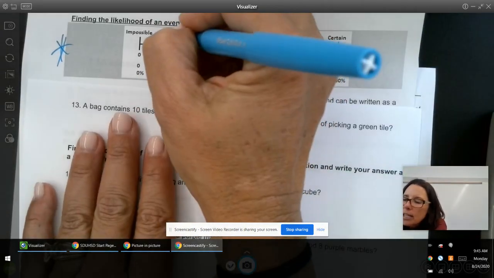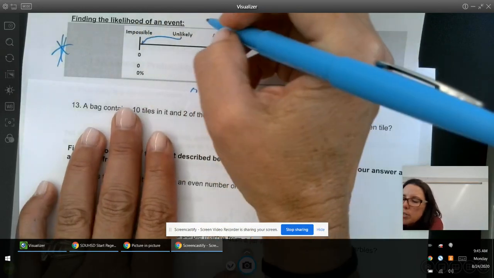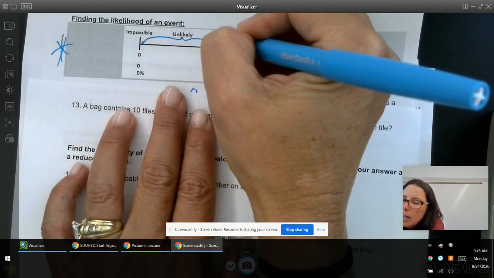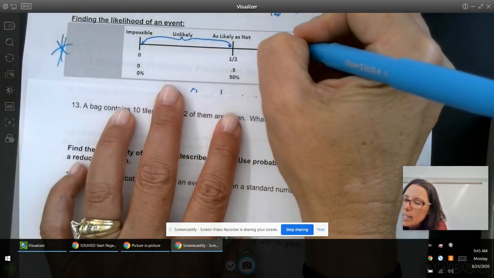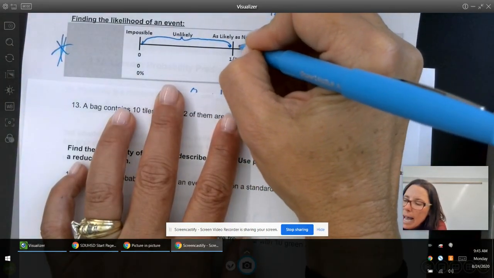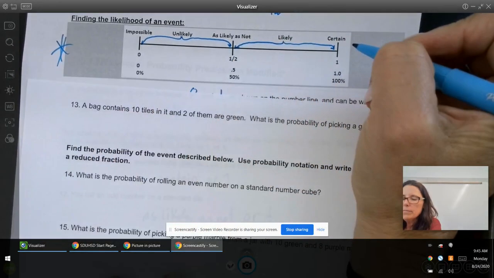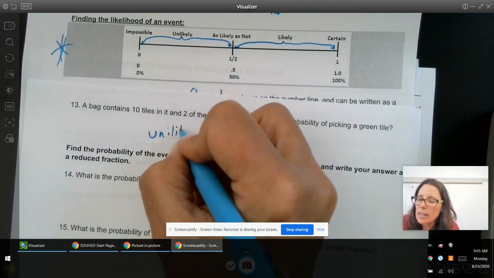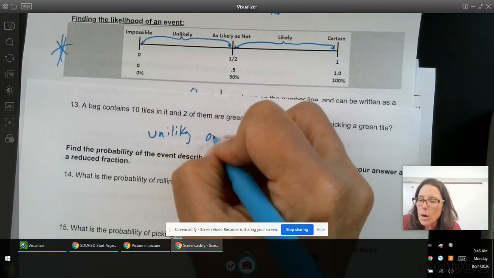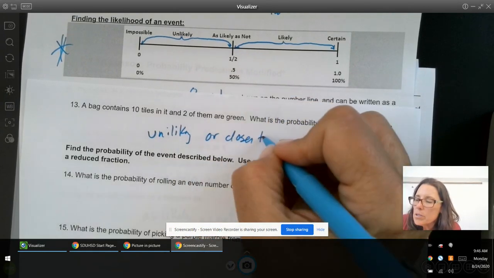Unlikely goes everywhere from just to the right of 0 to just to the left of a half. Same with likely: you're likely if you're over a half, but under 1. So this would be unlikely, or closer to 0.